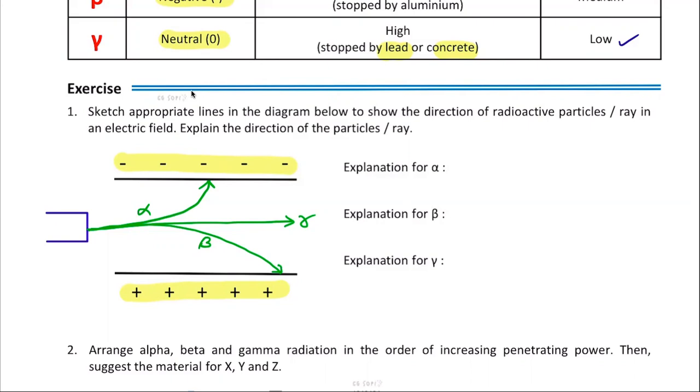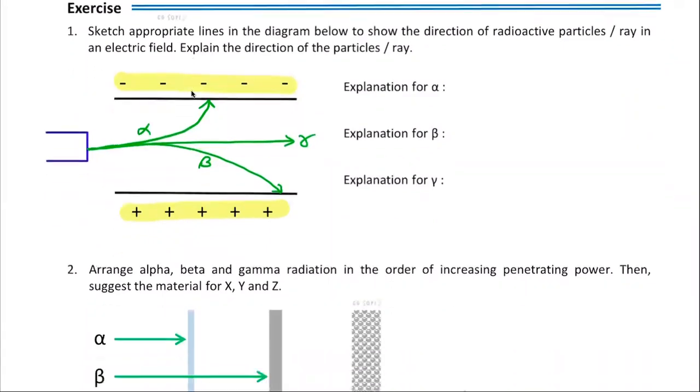Alright? If you meet a question like that, that is how you answer. Alpha particle will have a bigger deflection due to its greater mass compared to beta particle. Just say that, and then you will get 2 marks.